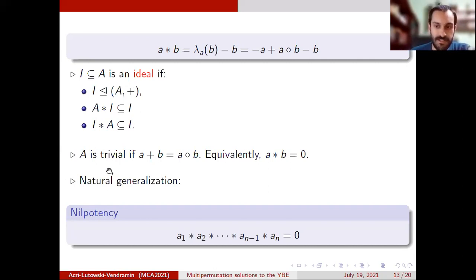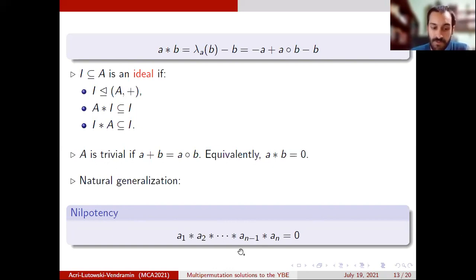The trivial skew brace, which is the one where both operations coincide, is equivalent to having a zero star operation. So as a natural generalization of these trivial skew braces, we can think of nilpotent skew braces, requiring that the star operation of n arbitrary elements vanishes.